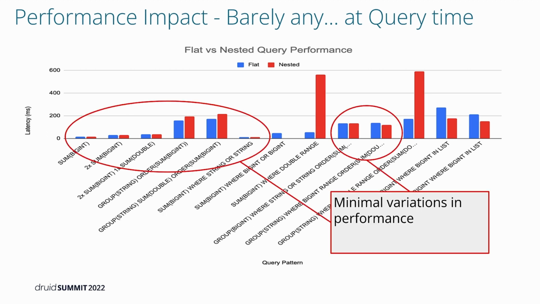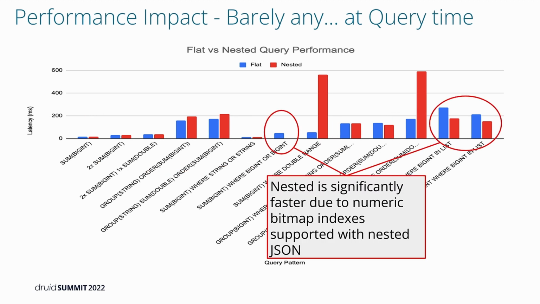We can see here that for a lot of the query patterns, the performance difference is barely noticeable. There's minimal variation in most of the cases. There are some cases where the nested JSON actually behaves faster. Now, there's a reason for this. With nested JSON, there's an improvement to support indexing of numeric fields.